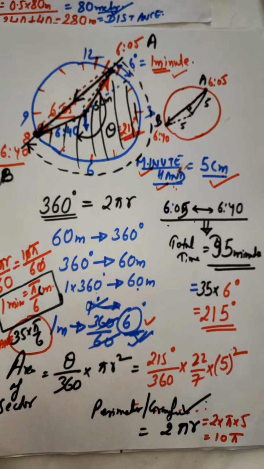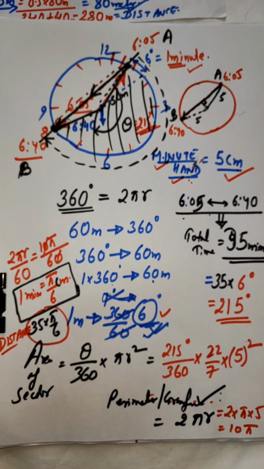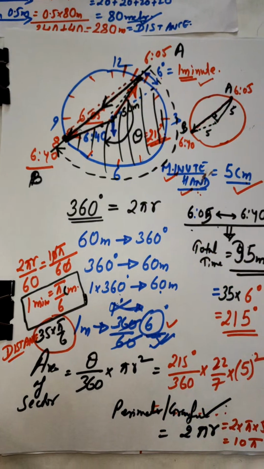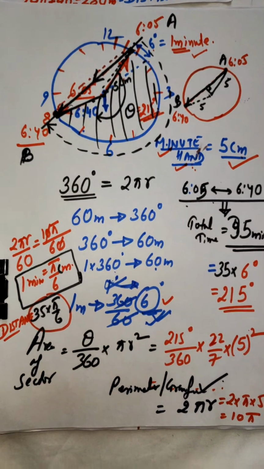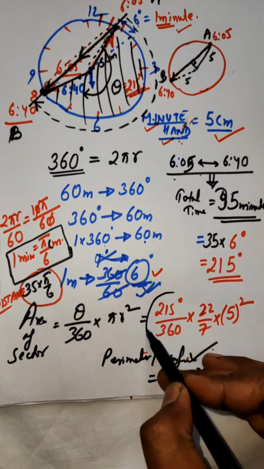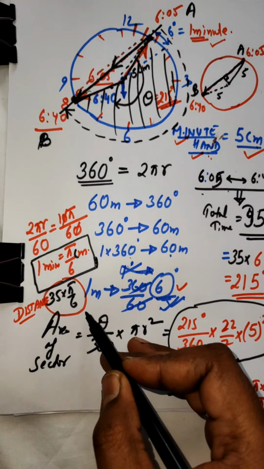So the basic thing which we have just asked in the question, what is the distance swept by the minute hand from 6:05 to 6:40, which we have calculated, right? This will be this value. Distance 35 pi by 6.